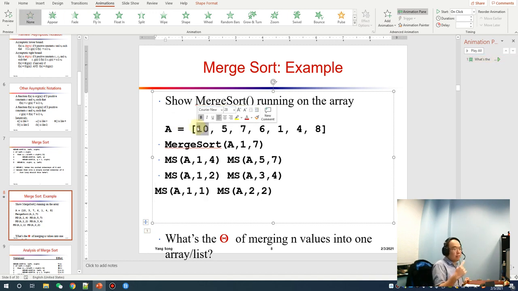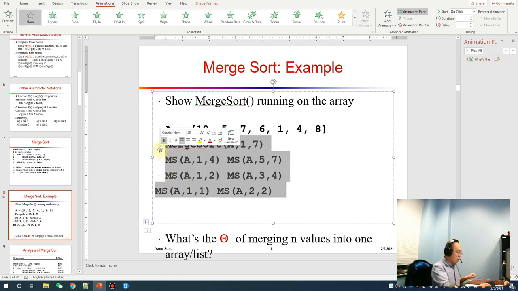If this is only one value in a sublist, and I want to sort it, well, there's nothing to sort because there's only one value. So eventually, when we go all the way down, following the recursive tree structure, we will end up with sorting all those 7 values as individual sublists.